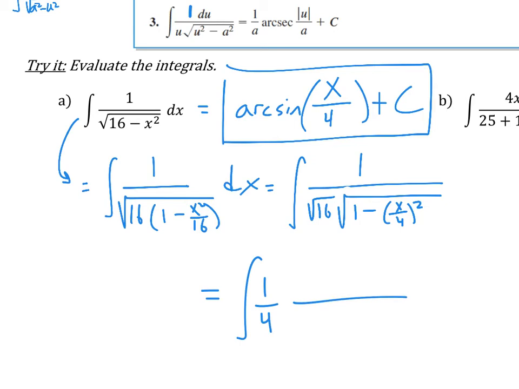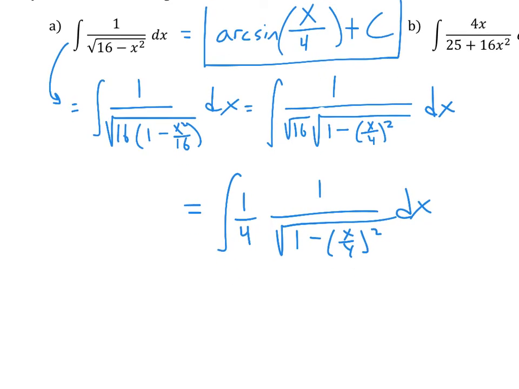You'll see why. 1 over the square root of 1 minus x over 4 squared, and this is dx still. Now, using a little u substitution, if we say u is x over 4, then du is 1 over 4 dx.